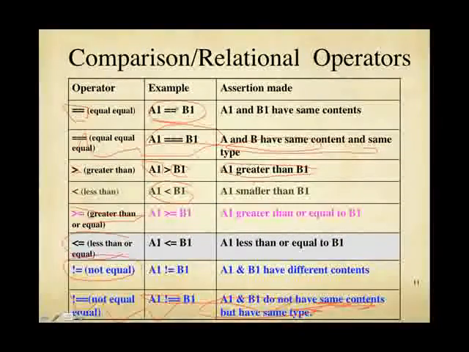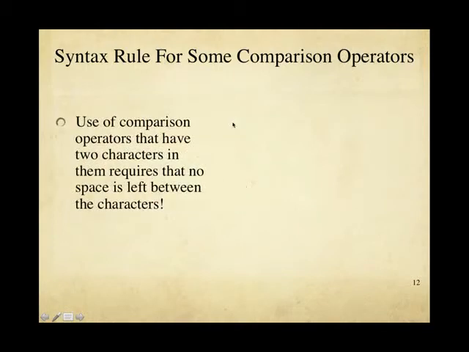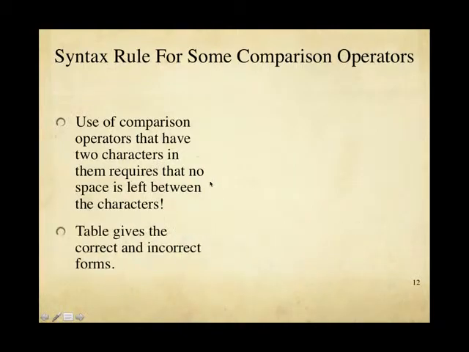There's a gotcha in double equal. People forget what that means. So we're going to talk about that a little bit more in a minute. The use of comparison operators that have two characters in them requires that no space is left between the characters. The table gives the correct and incorrect forms.